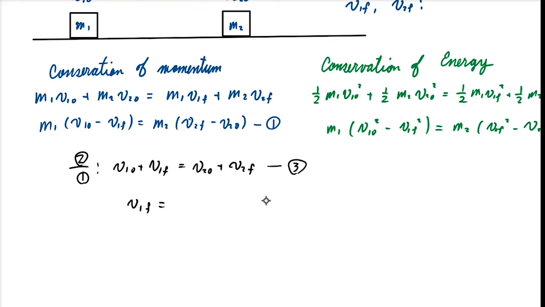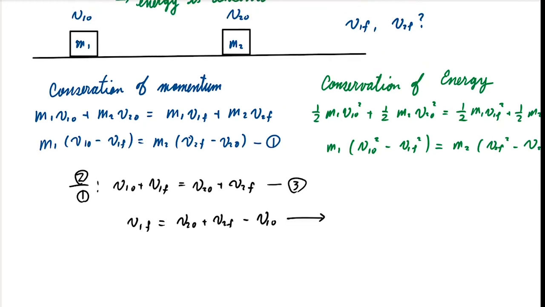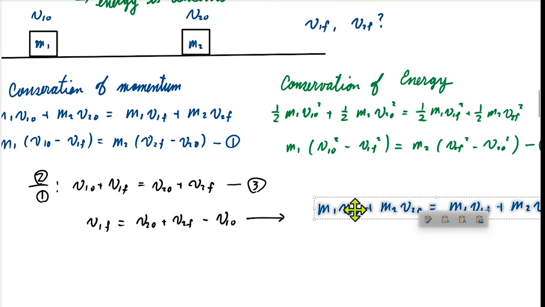V1 final is equal to V2 original plus V2 final minus V1 original, isn't it? And then we substitute it into this equation. With the computer, it's easy enough to do. Substitute.